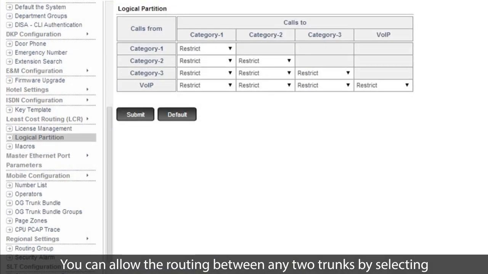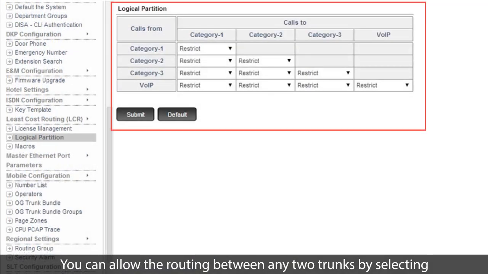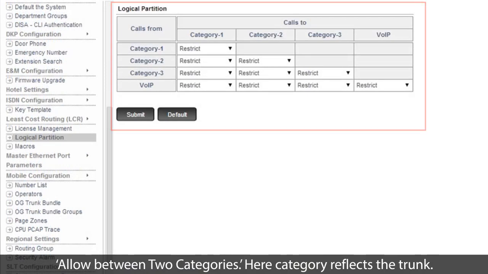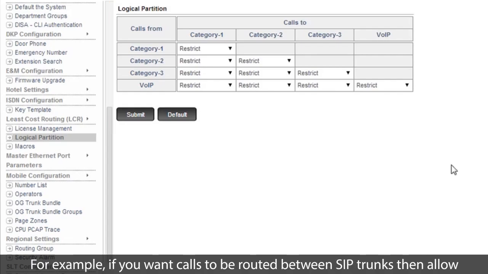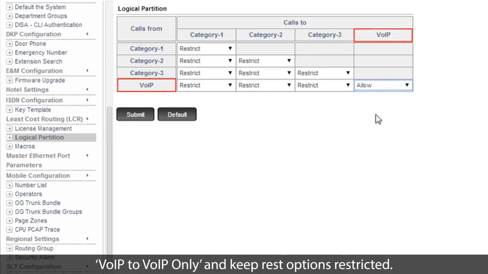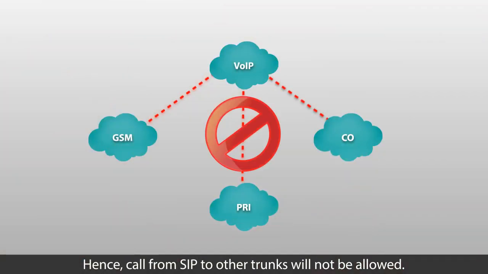You can allow the routing between any two trunks by selecting Allow Between Two Categories. Here, category reflects the trunk. For example, if you want calls to be routed between SIP trunks, then allow VoIP to VoIP only and keep the rest of the options restricted. Hence, calls from SIP to other trunks will not be allowed.